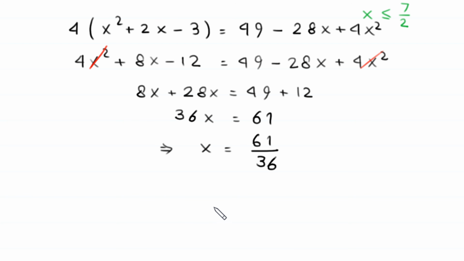This 61 over 36 is approximately equal to 1.694, which is less than 5 and greater than 1. So this 61 over 36 is a valid solution.